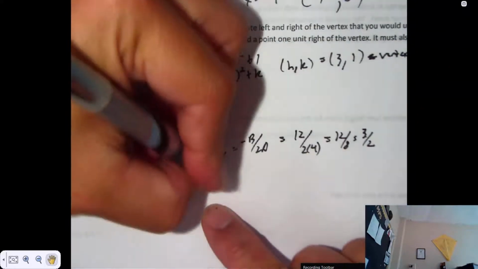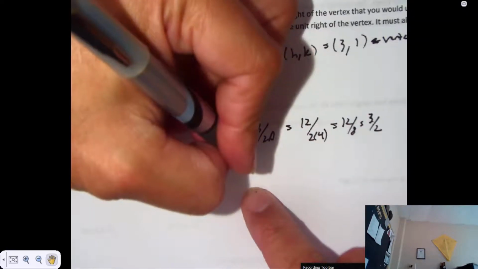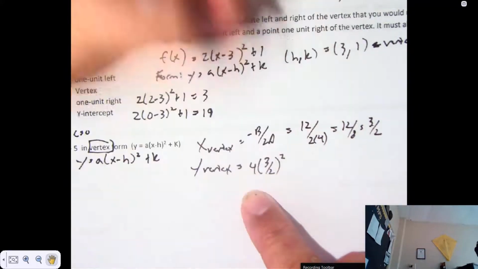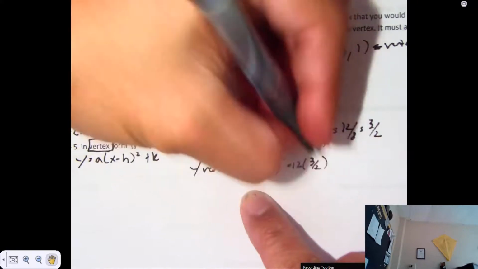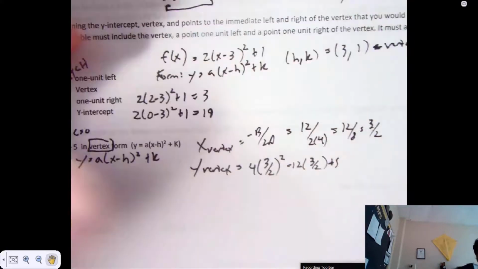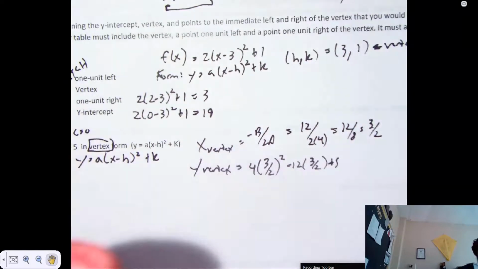Cool. Now you're going to find the y-coordinate of the vertex. So you're going to do that by plugging that in. So go back to your original equation. You have 4 times x squared, so you're plugging in a 3/2, minus 12 times 3/2, plus 5. And again, just type it on a calculator, kids. You ain't got all freaking day. What's this end up being?